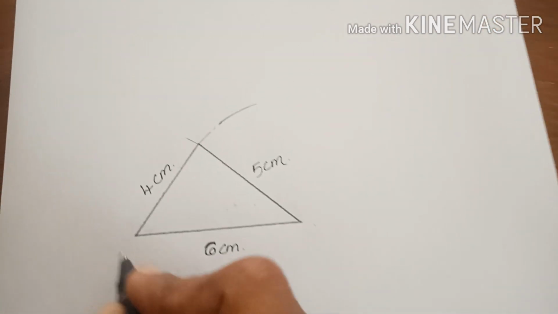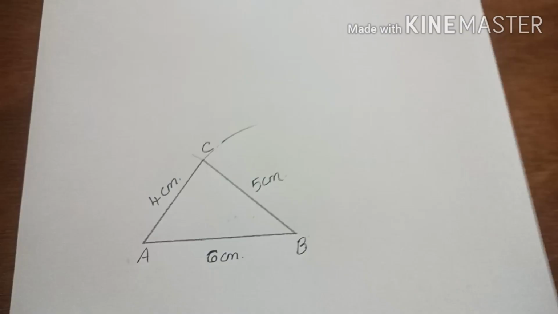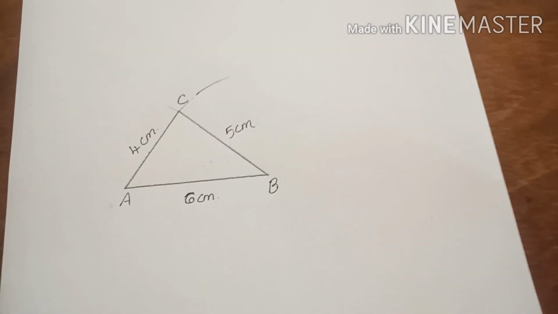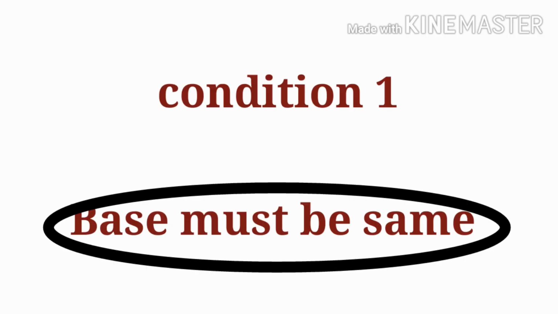Now I am going to mark the points as A, B and C. Now here we have to draw another triangle of the same area as that of ABC. According to the concept that we learned in the beginning, for triangles to be equal in area, they must satisfy two conditions. What are the two conditions? First condition is base must be same.